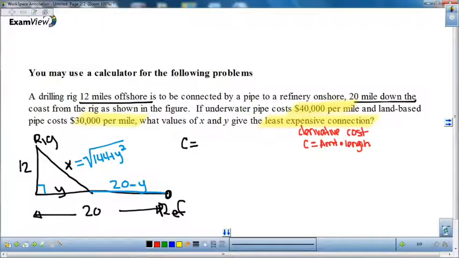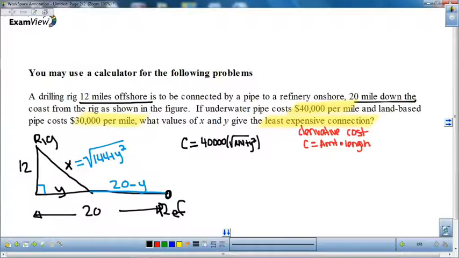So my cost is going to be, okay, this is water, so this is the ocean. This is the length of how much pipe it's going to be on the water, and that's going to cost 40,000 per mile. And this is my miles. So I'm going to have 40,000 times the square root of 144 plus Y squared.